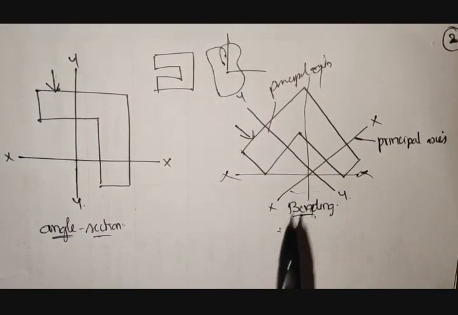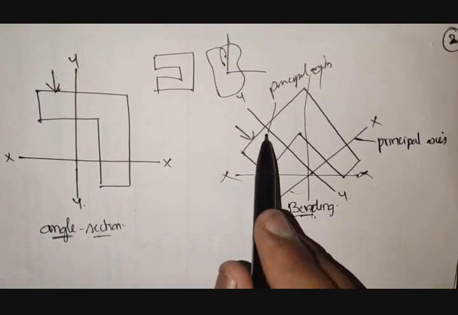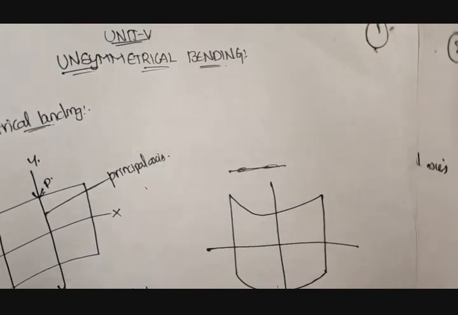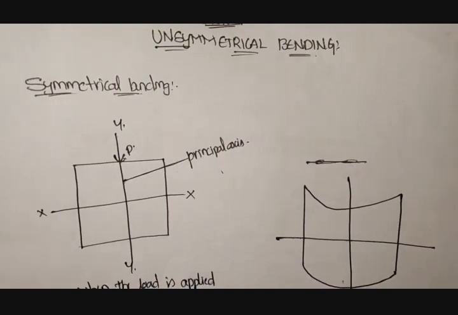So for an unsymmetrical section, the axes formed after the bending are known as principal axes. Now we will see the principal moment of inertia for unsymmetrical sections.